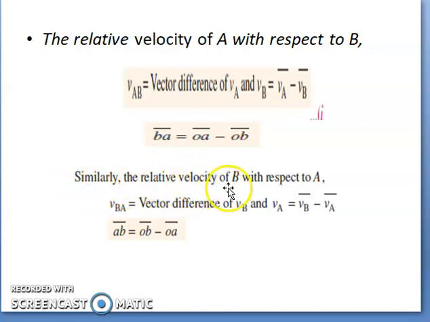Similarly, the relative velocity of B with respect to A, VBA, is equal to the vector difference between VB and VA, which is VB minus VA. So the BA vector is equal to OB vector minus OA vector. If it is B with respect to A, the first letter will be the OB vector and the next, A, will be the next one, that is OB minus OA. If it is AB, then it will be OA minus OB. So this is how you have to remember.